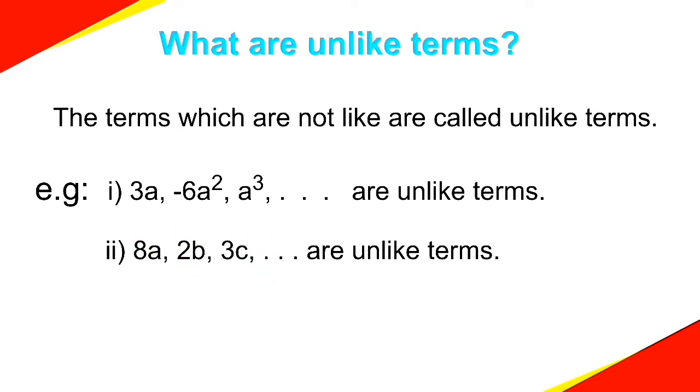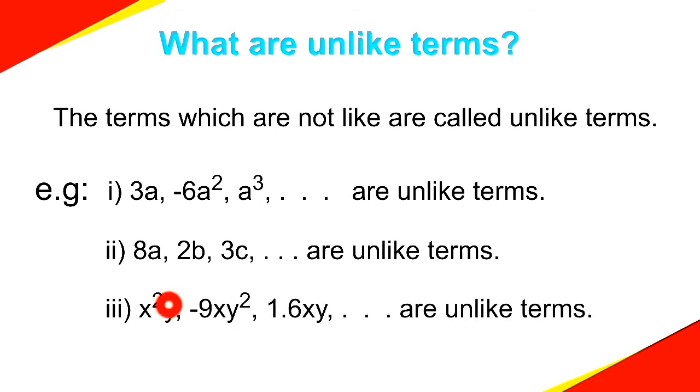Now we are going to take one more example. That is x square y is a term, minus 9 x y square is a term, 1.6 xy. In these three, is there any common factor? Right, we can see xy is a common factor, but the powers are not the same.